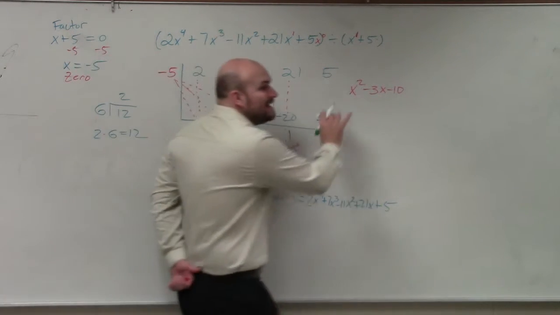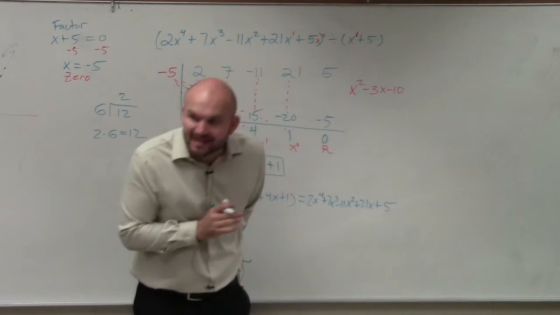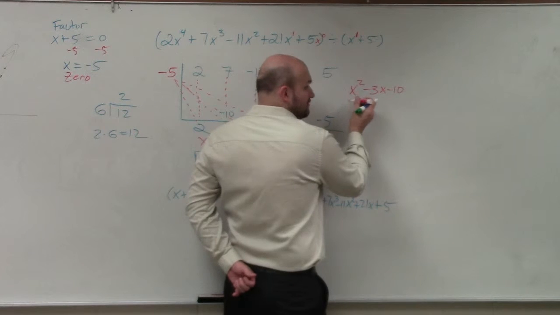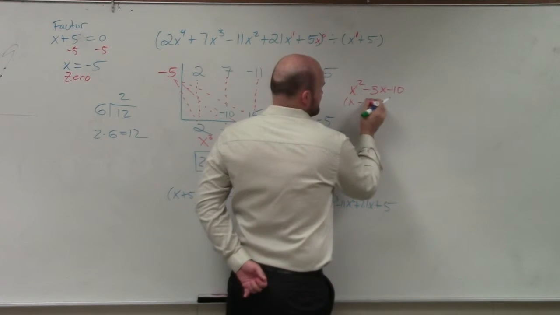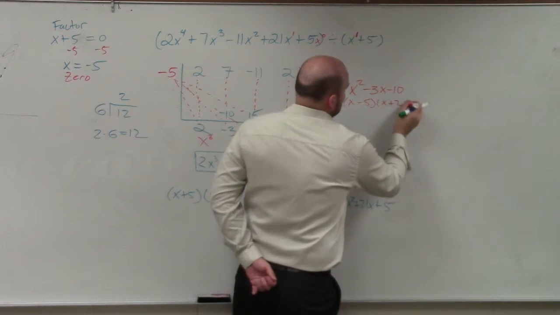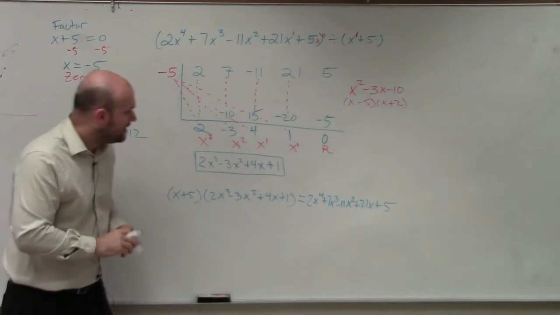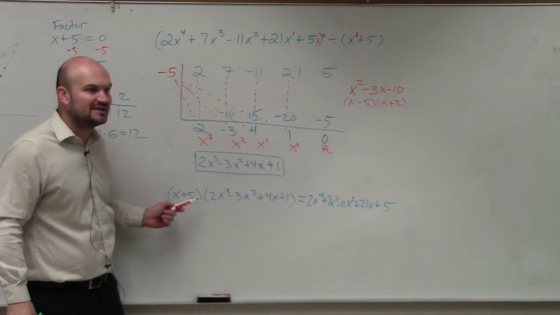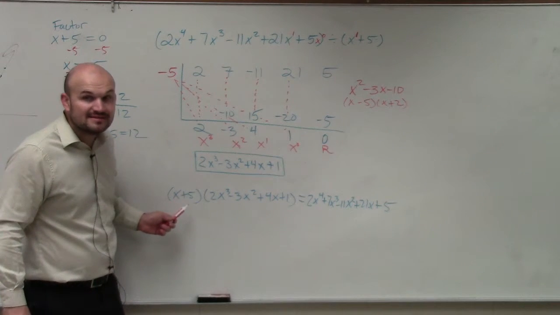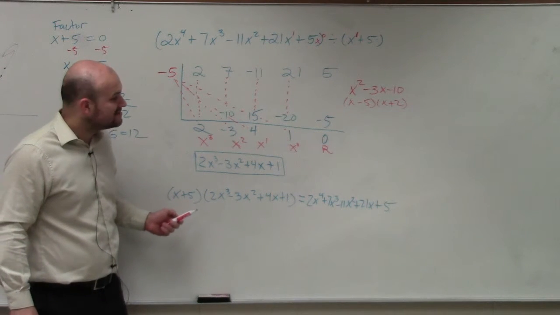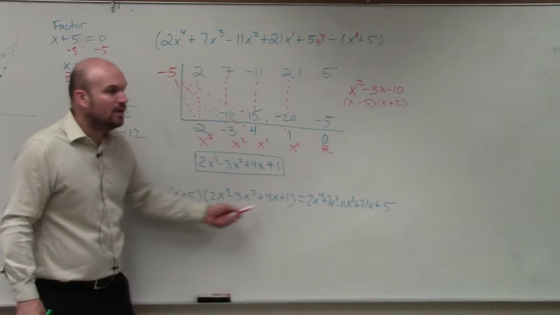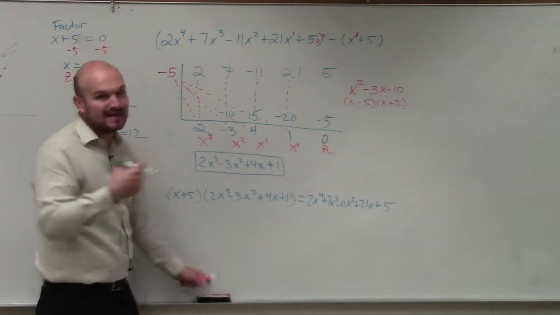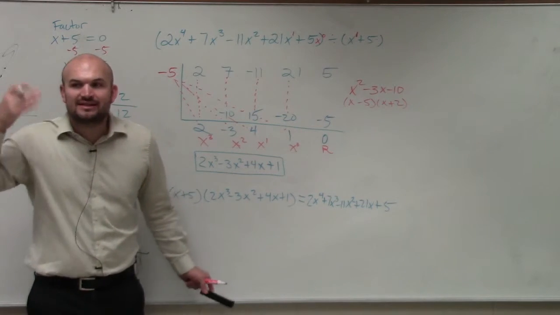So when you write a polynomial as a product of 2 factors, that's called factoring. x minus 5, x plus 2, that's factoring. Have I taken this polynomial and rewritten it as a product of 2 factors? Yes, I have. So these are factors.